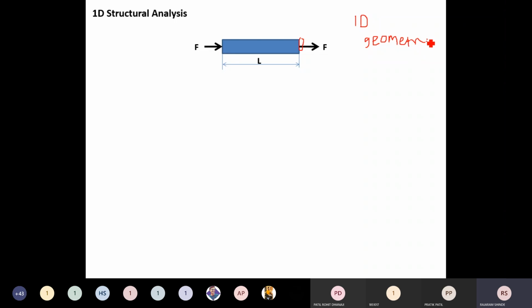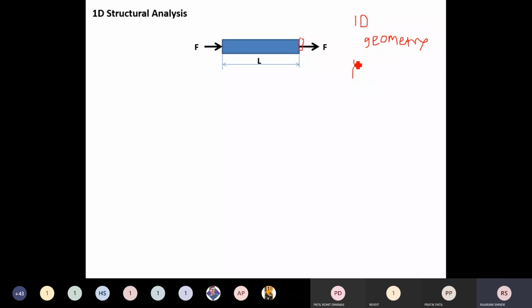If geometry is suddenly changing at a certain location, at that location you have to put the node. If loading is suddenly changing, then also you have to put the node at this location. And if your material is changing suddenly, then also you have to use more number of elements.